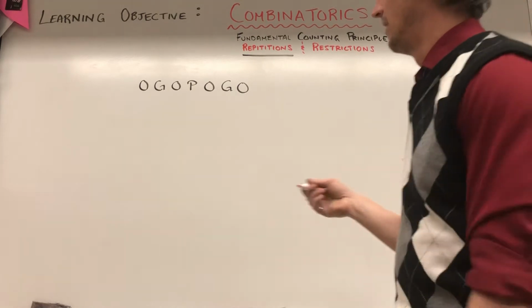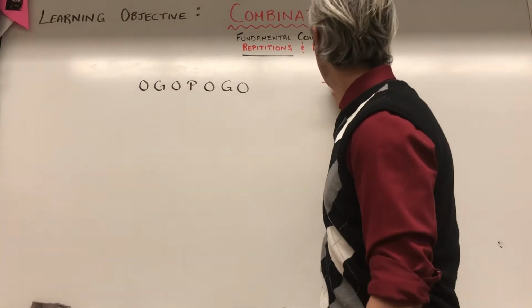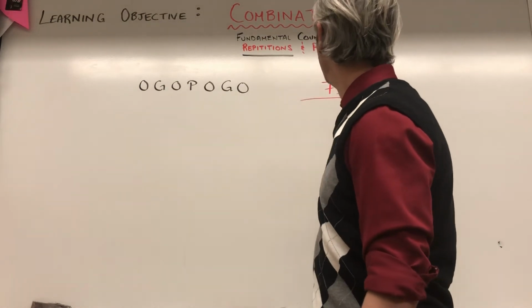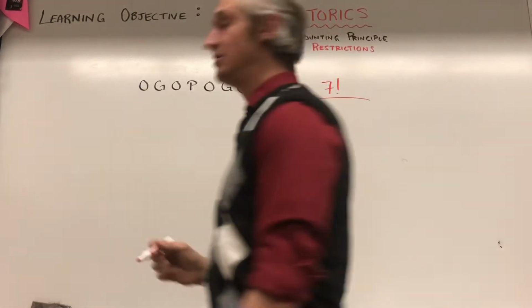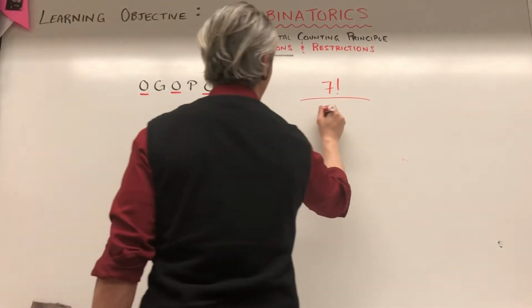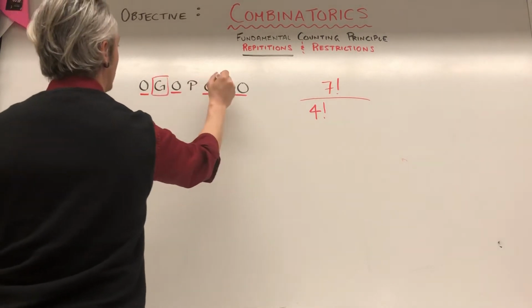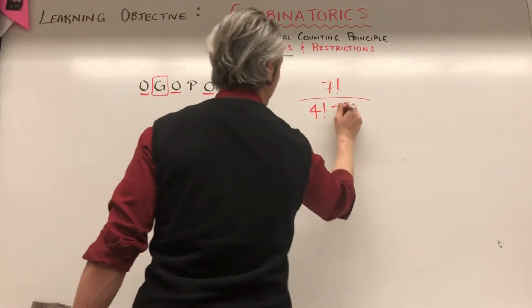Well, how many letters do I have? 1, 2, 3, 4, 5, 6, 7. So that's going to be 7 factorial, but then I have to divide by my repeated objects. I have 4 O's, so 4 factorial, and 2 G's, times 2 factorial.